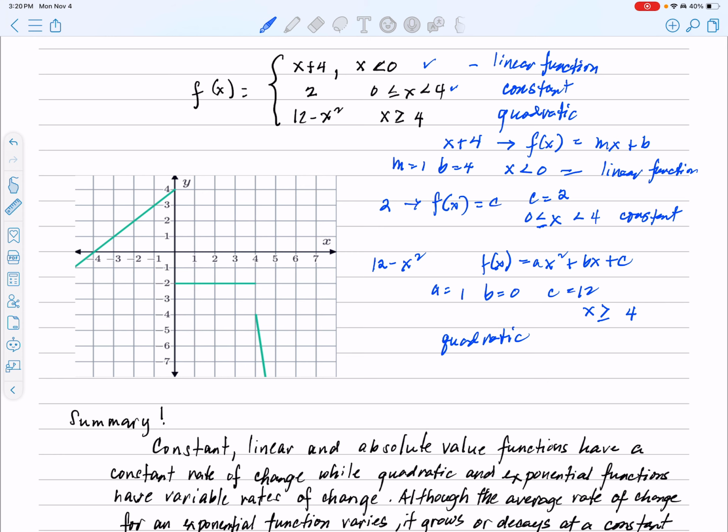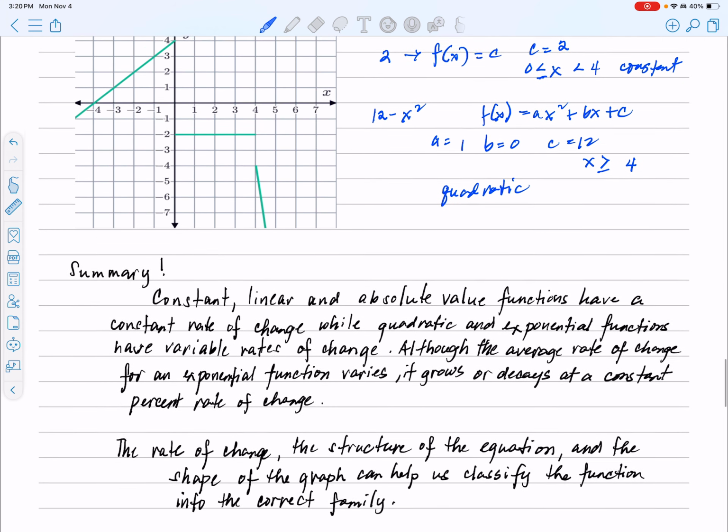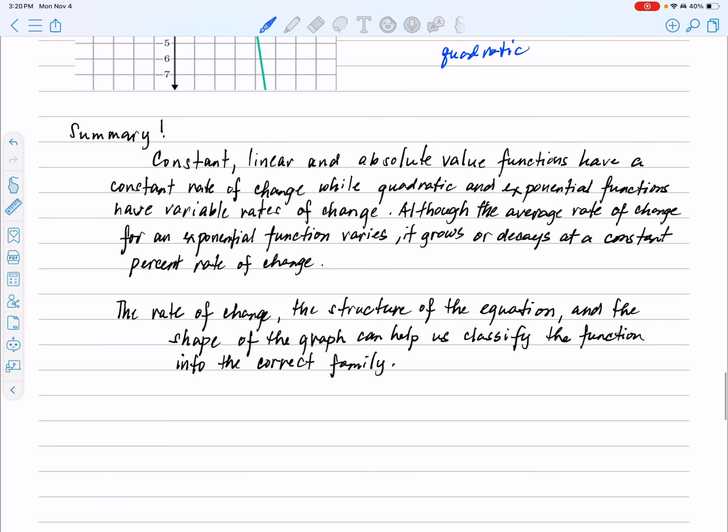All right, let's summarize. Constant, linear, and absolute value functions have a constant rate of change, while the quadratic and exponential have variable rates of change. In quadratic, it might be increasing or decreasing.